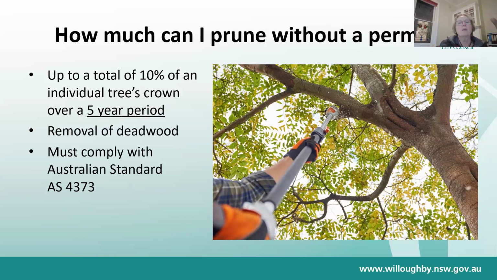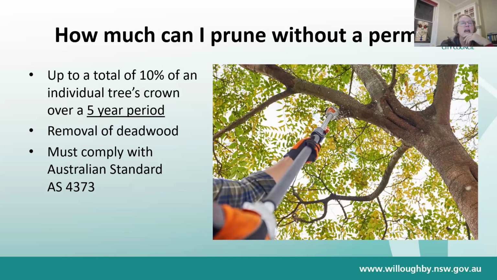So it's growing into the power lines, it's hitting the side of the building, the tree branch has got some sort of scarring on it. Whatever it happens to be, you need to clearly identify why you need to prune it. Every pruning cut will damage the tree, will expose it to ongoing pathogens, and generally the trees don't need to be pruned anyway.